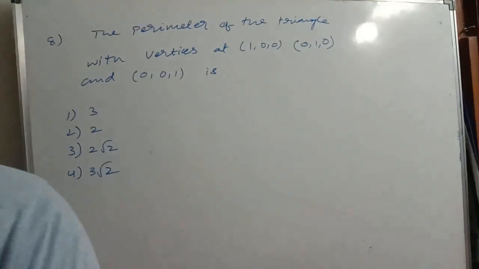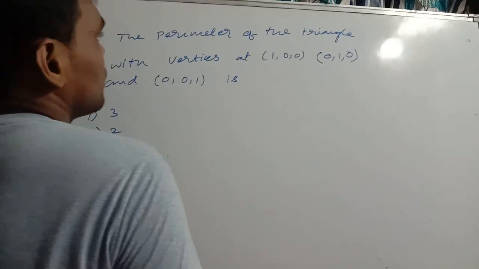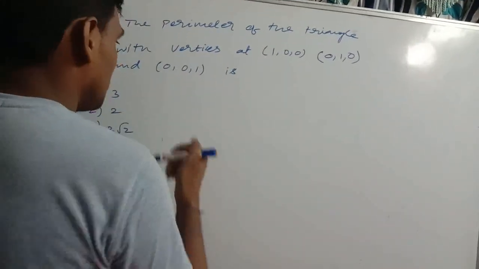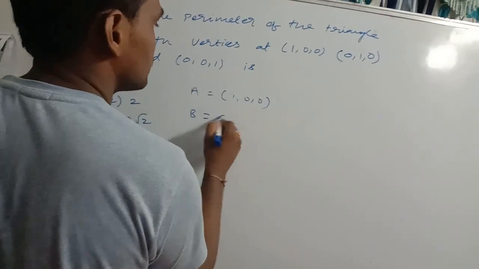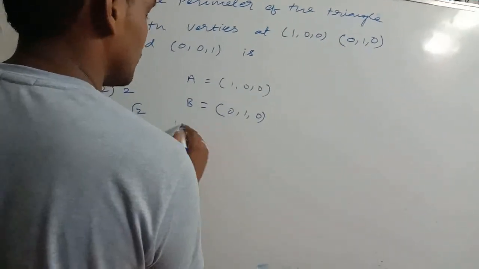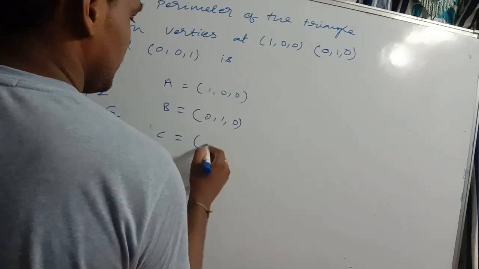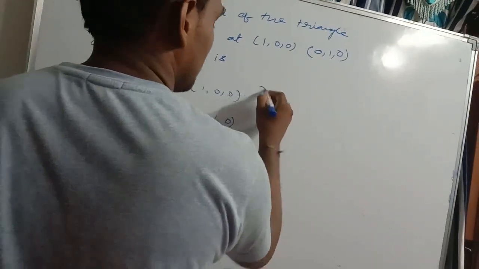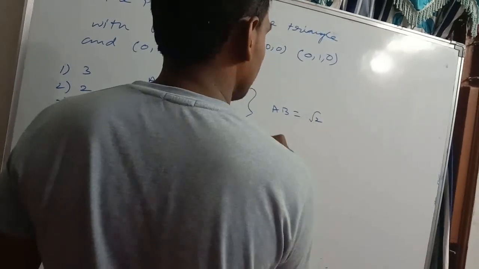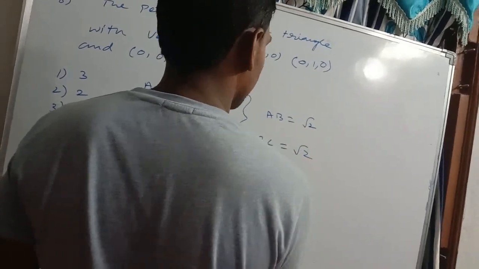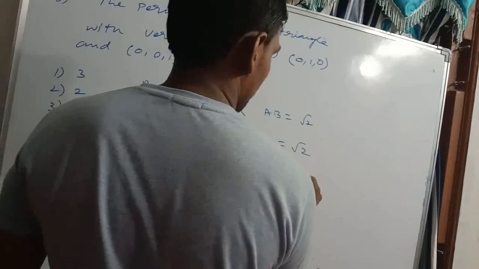Now here A is 1, 0, 0, B is 0, 1, 0 and C is 0, 0, 1, and this is AB is the distance between AB is root 2, and distance between BC is root 2, and this is distance between AC is root 2.